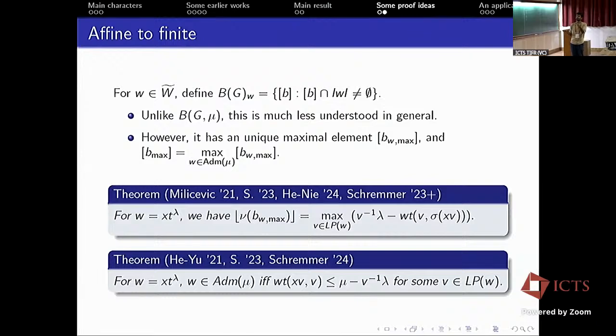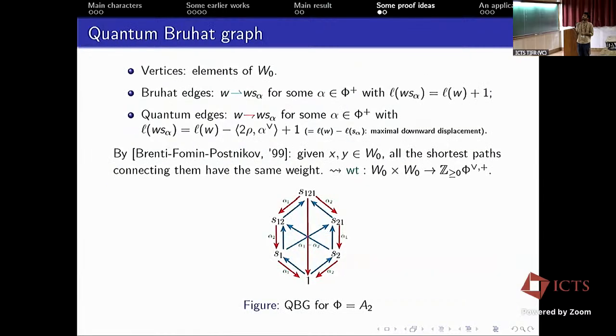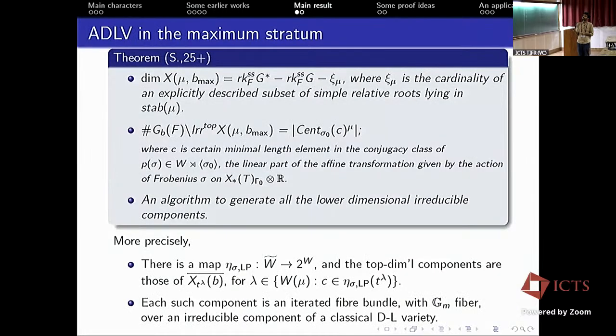We have to take a max over three things actually, in some sense here, which tells you therefore what this maximal element B max is. But of course, that's one part of it, and then you have to understand whatever each of these ADLVs are. So that's one aspect of how this proof goes. In fact, it proves for you the first part over here.